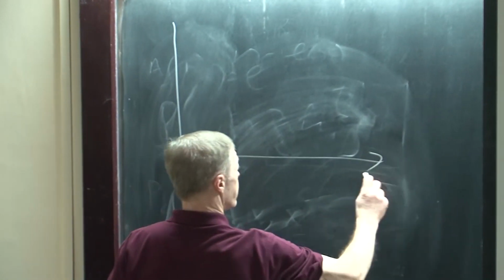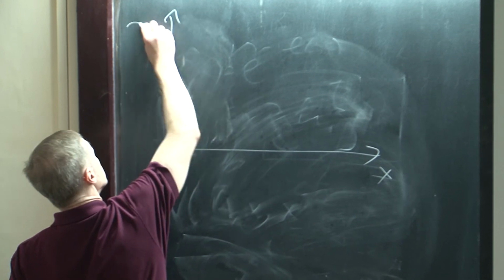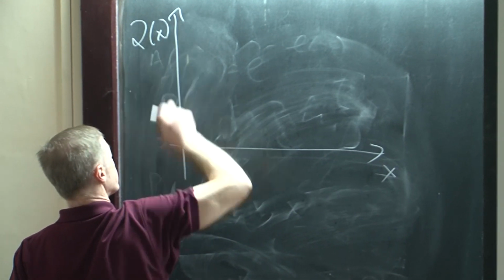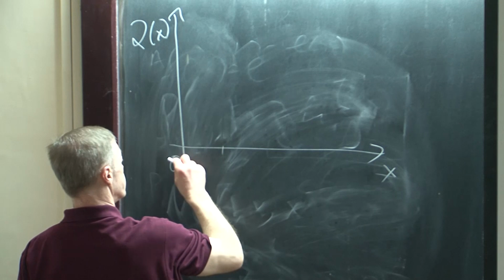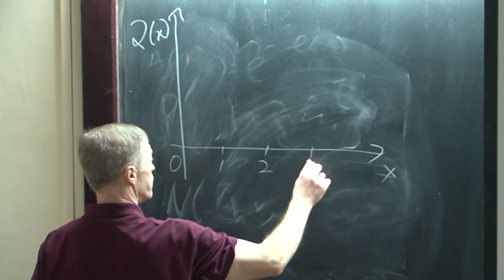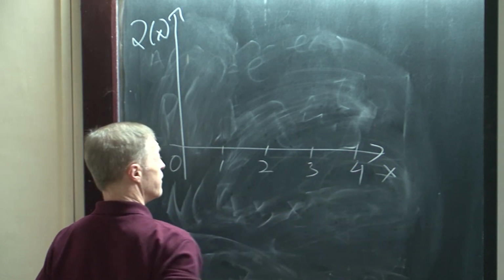Here's x, and here's q of x. Let's say this is 0, 1, 2, 3, and 4.